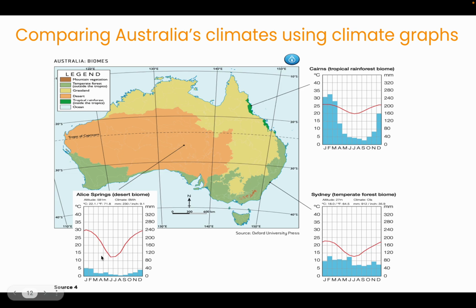The range of temperature, if we look at the temperature range, is quite great in this desert biome. It starts in January around 30 degrees and goes down to as low as 13 degrees in June or July. So to do the range, we take one away from the other: 30 minus 13, easy sums, and it gives us the range, which is quite big, right? The next thing is the driest month is in the coolest month.